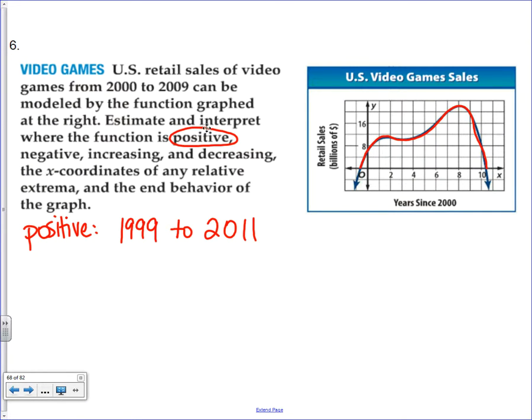Next, let's look at negative, and we're doing blue for negative. So take your blue pencil, circle that word negative, and now take your pencil and trace where this function is negative. What does negative mean? Below 0, which would be here and there.